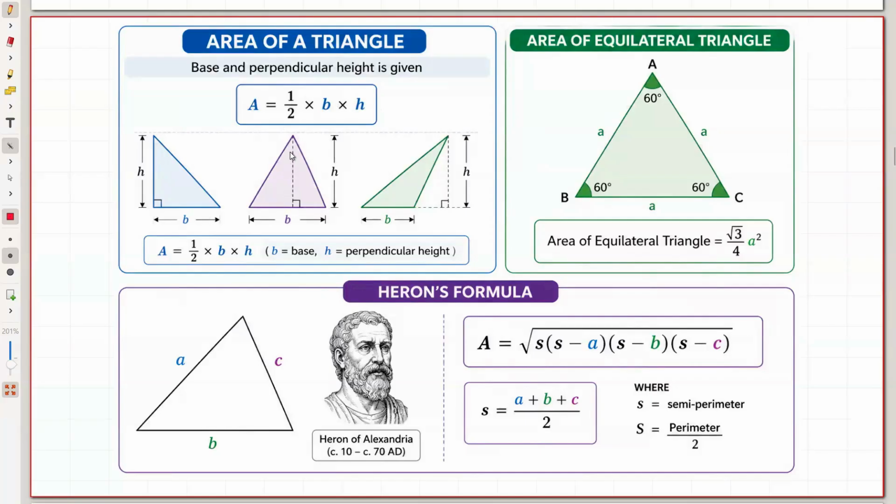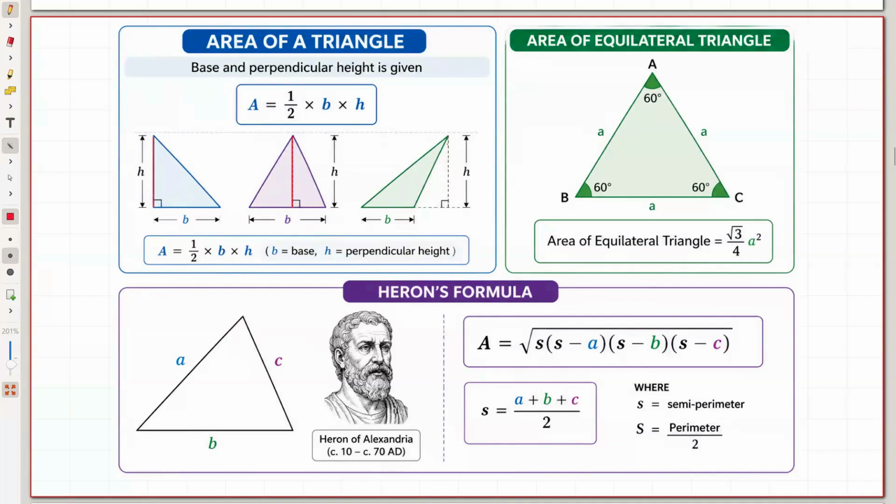Here, this is the height, the altitude. In a triangle we have three variations. In this case, one side itself is the height of the triangle. Here the height is coming inside the triangle.